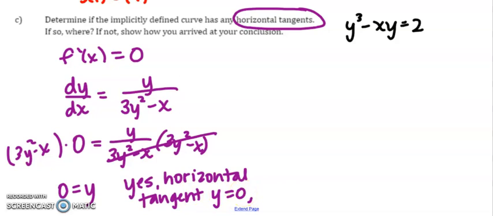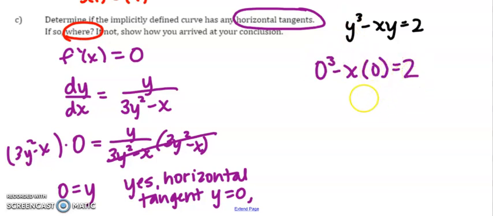However, if we actually are talking about a where, we're looking for an x value, right? So where is this going to happen? If I take that y value of 0 and I sub it back in to my original curve, I end up that 0 is equal to 2. Can 0 ever be equal to 2? No. So yes, there's a horizontal tangent when y equals 0.